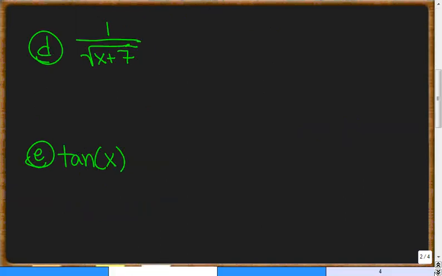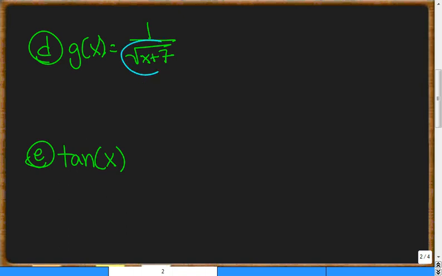Okay, and then we move on, and we have a different scenario where we've got 1 over the square root of x plus 7. And so let's write that a little better. We'll say g of x equals 1 over the square root of x plus 7. So in this case, we have two things going on, so we want to be careful, right? First off, we are dividing, okay? So we're not allowed to divide by 0.